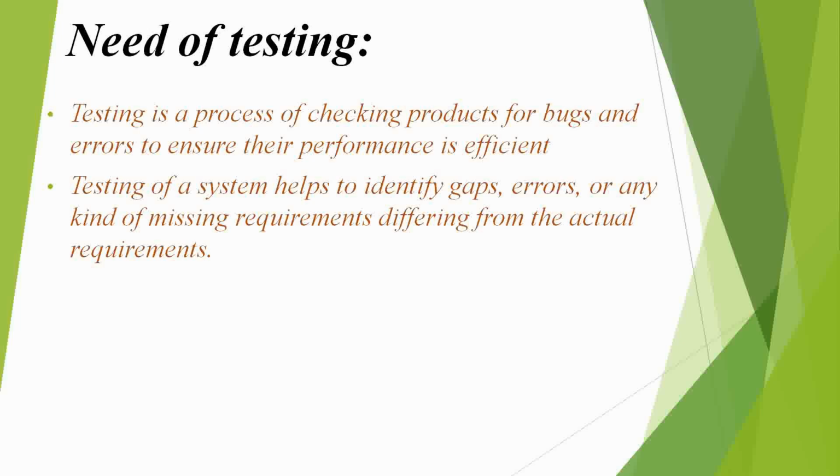What does it mean? For example, let's take the same example here. Your requirement to buy a mobile was, let's say, 4 GB RAM, but the shop owner is showing you a mobile with 8 GB RAM. That is not your requirement, right? Because you don't have that much budget to buy a mobile, so you will ask for the 4 GB RAM.